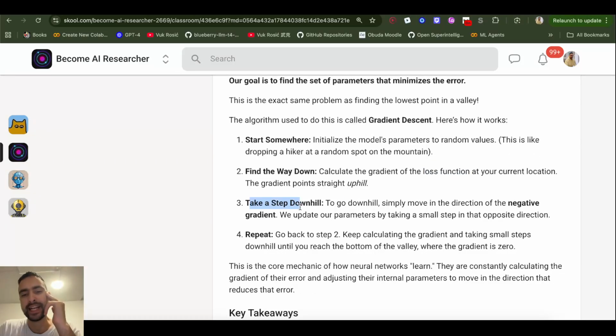So we take a step downhill in the direction of the negative gradient. And because our weights and biases are also matrices and vectors, we can just subtract this gradient vector from it. That's going to work. Because this gradient vector is showing us in which direction to move, or is the steepest descent.